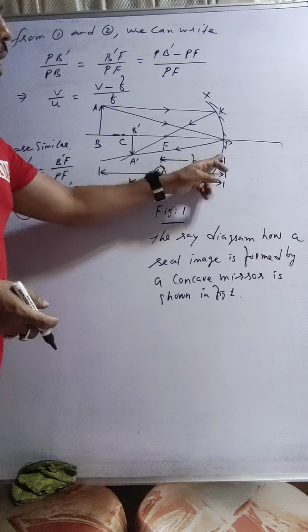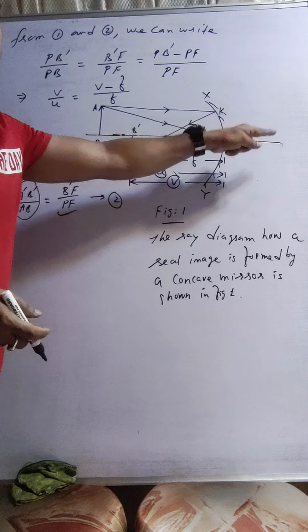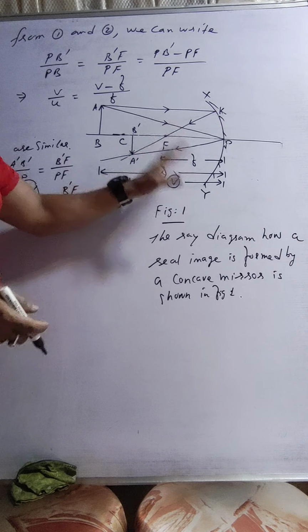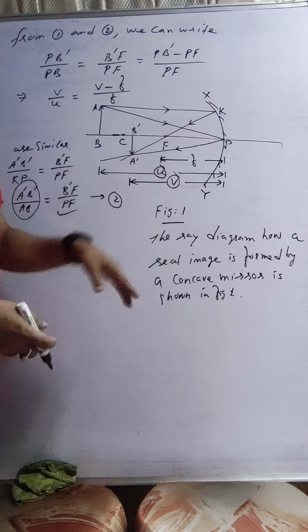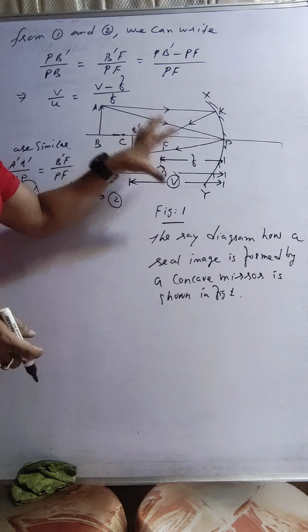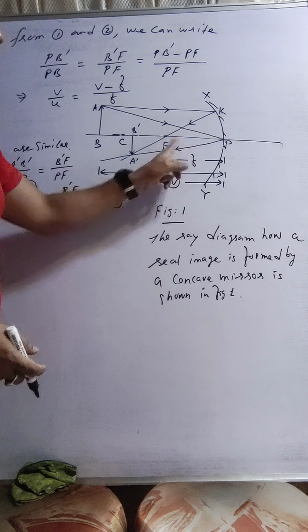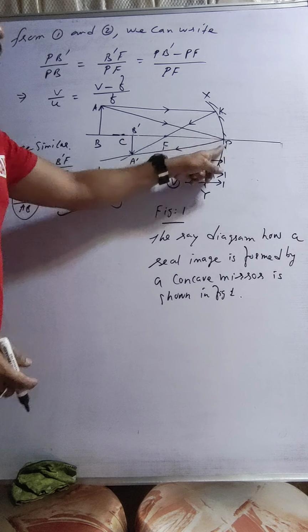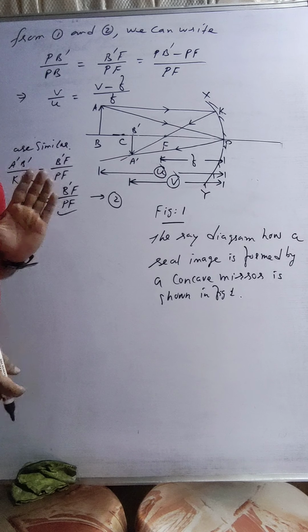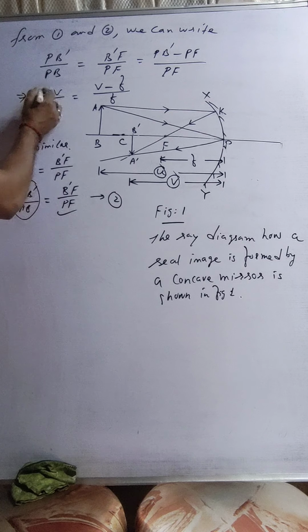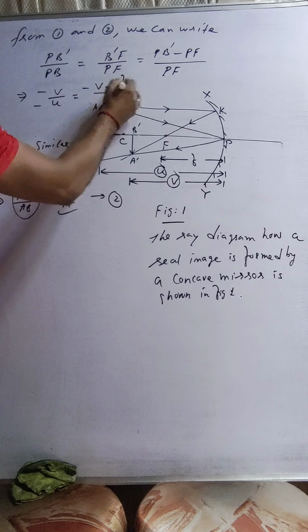If a particular length is behind the mirror, it is taken as positive. Here in this figure, U, V and F all are in front of the mirror. That is why U, V and F all are negative. No length is behind the mirror. So all are negative according to sign convention. Clear?